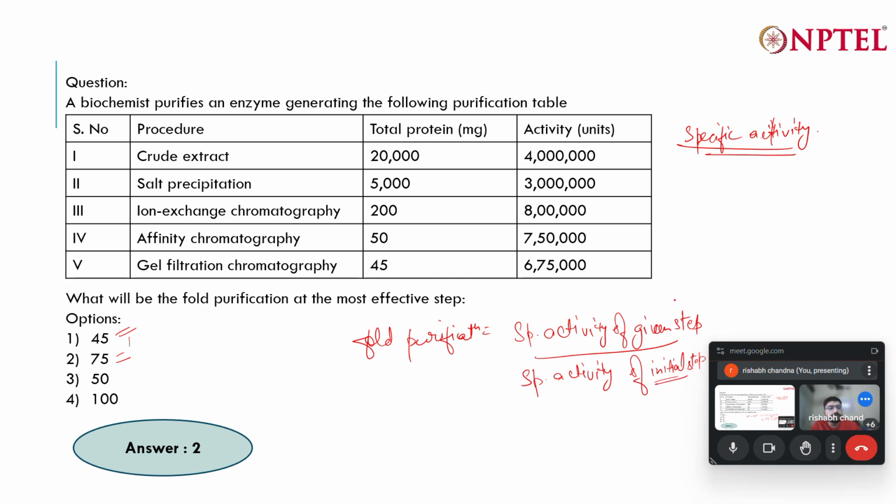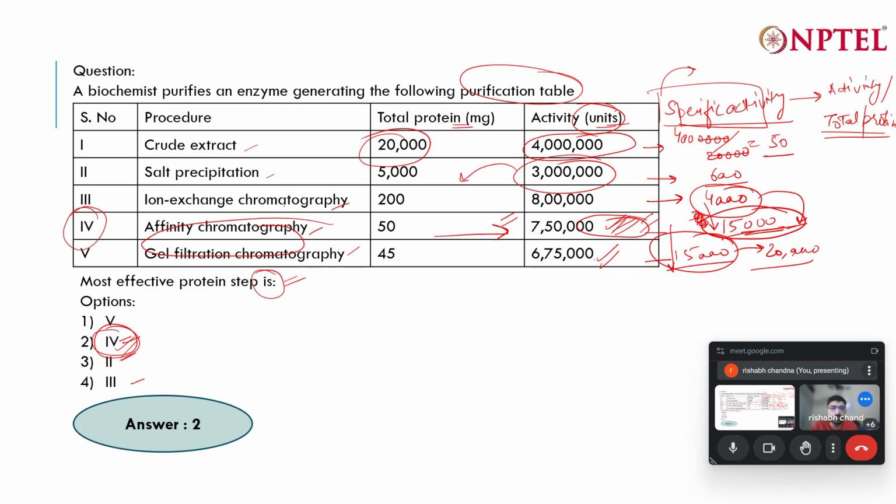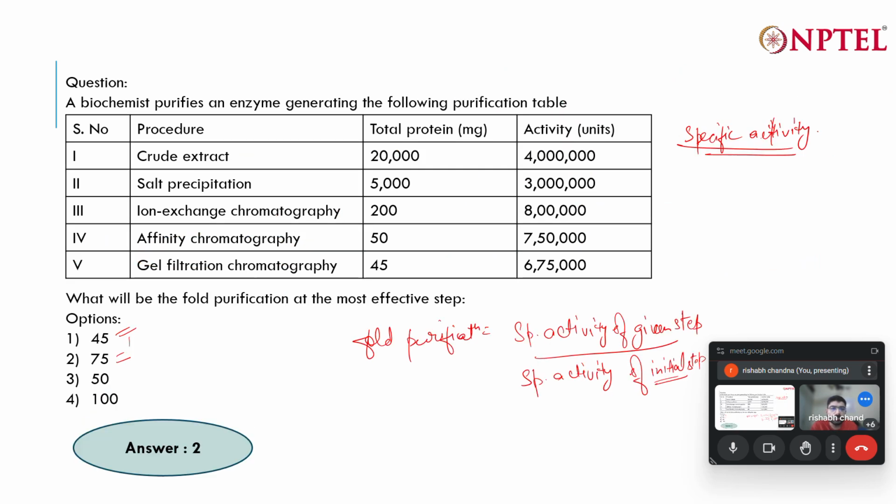From the previous question we can see the specific activity of the initial step was 50, if I'm not wrong. Wait a minute. Sorry, it would be 200. So it was 200, right? The specific activity of the initial step is 200, and for the most effective step it was 15,000.